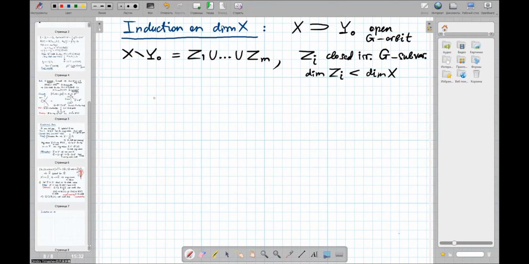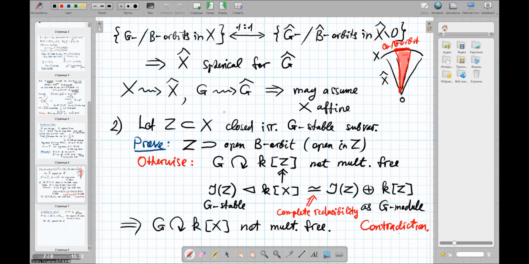Since we prove the theorem by induction, by the induction assumption we can say that each of these Zi's is spherical for the action of G. Not because it has smaller dimension, but because of what we have proved on the previous page: any closed irreducible G-stable subvariety is spherical.